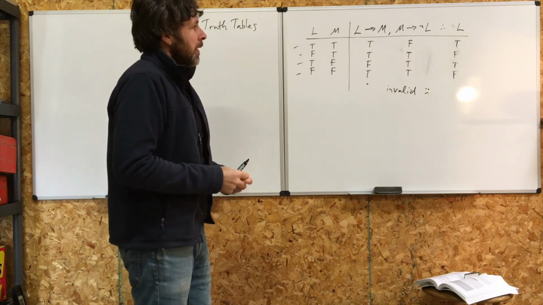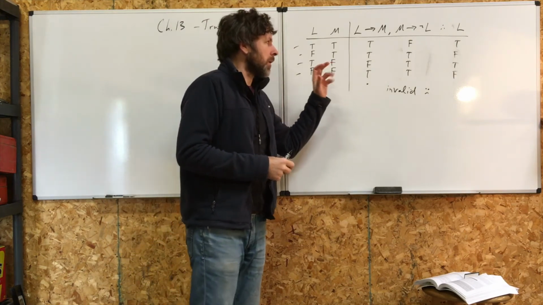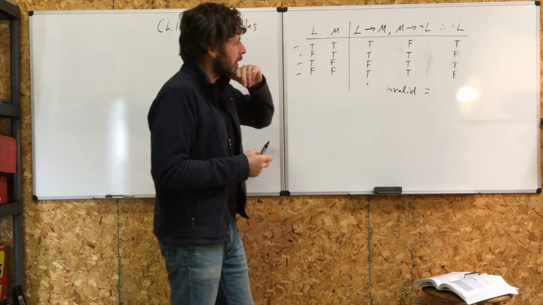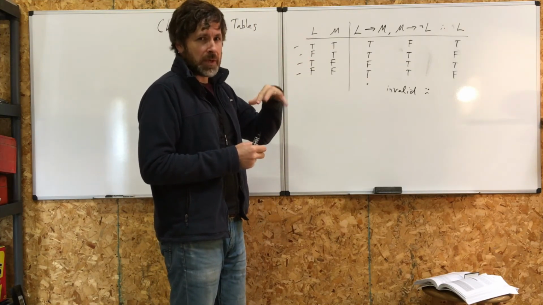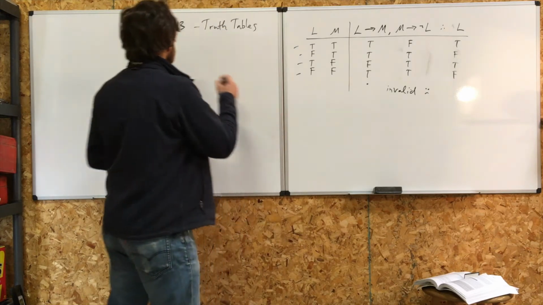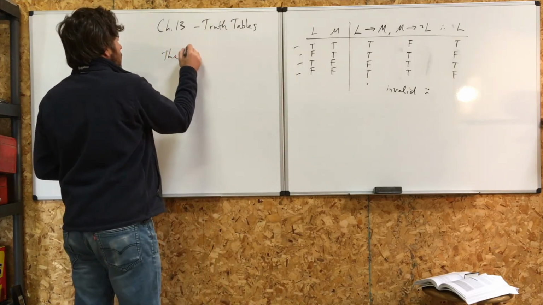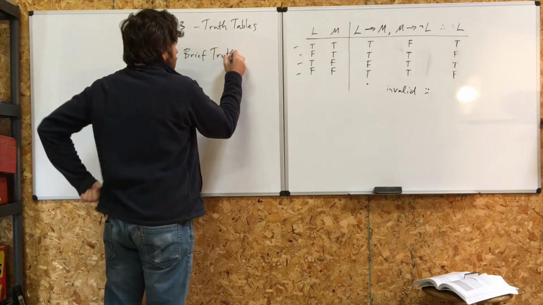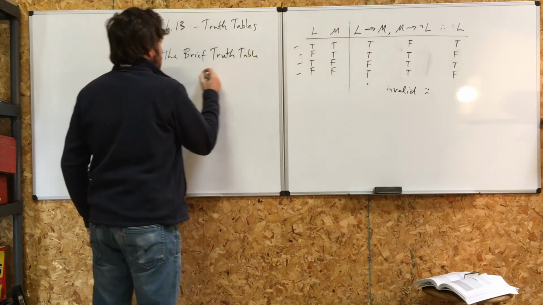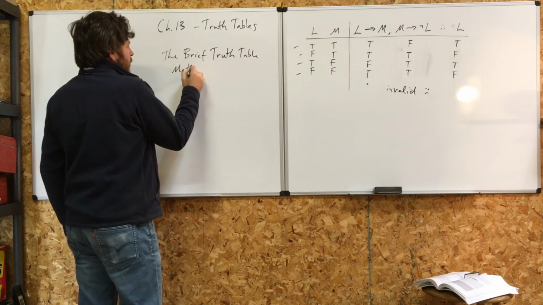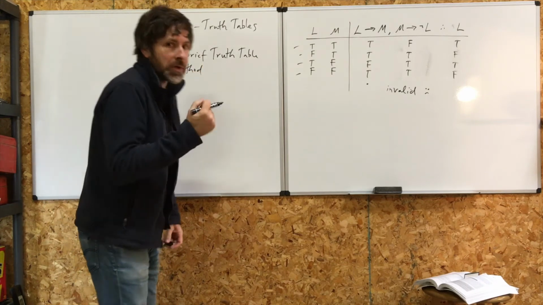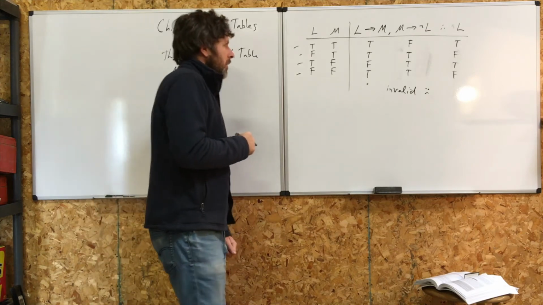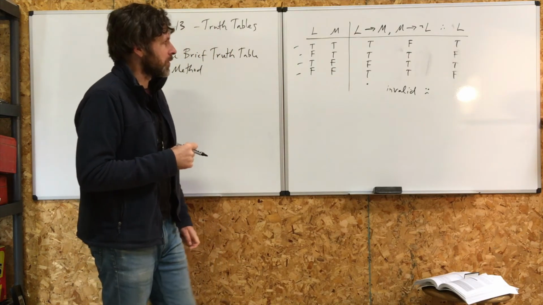All right. This is kind of a transition move to what's called the brief truth table method. That's what the book calls it here. Sometimes it's called the shortcut method or backwards technique method. So this is what we're going to do.